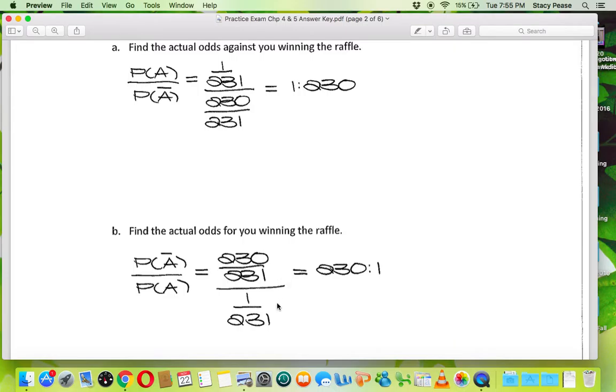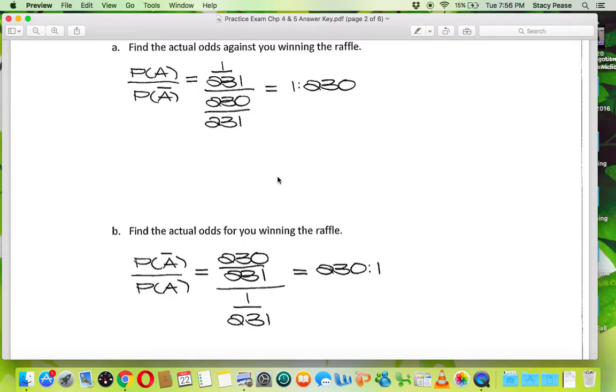So when you do out this math, the 231s in the denominator cancel, and you put a colon between your 2 numerators. So you wind up with an actual odds against you winning the raffle, remember I put this in the wrong place, of 230 to 1.